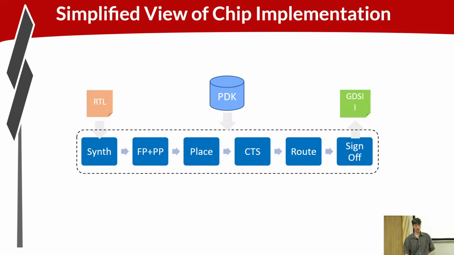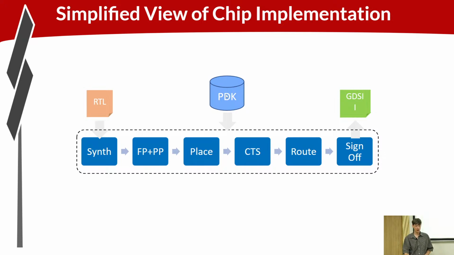So floor planning, power planning. Power planning is the layout of the power network that's delivering power to all of your logic. Floor planning is the organization of the logic across the chip. Place is more cell level, where is every cell going to be dropped.